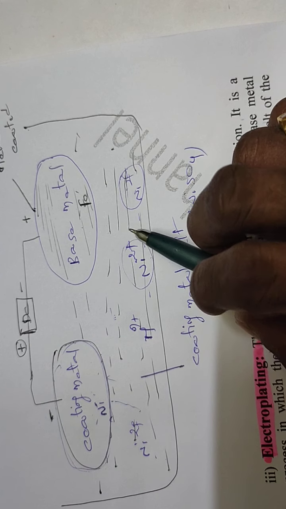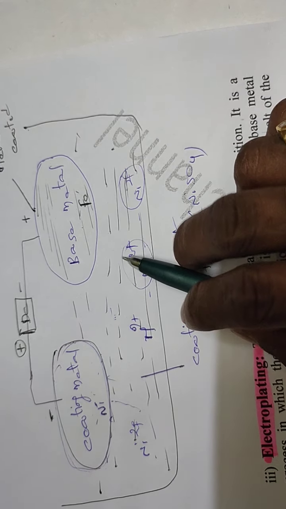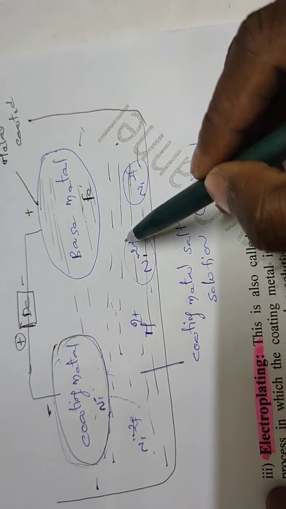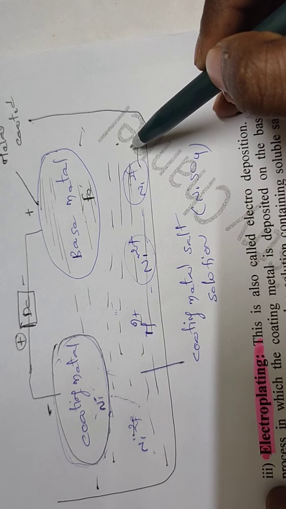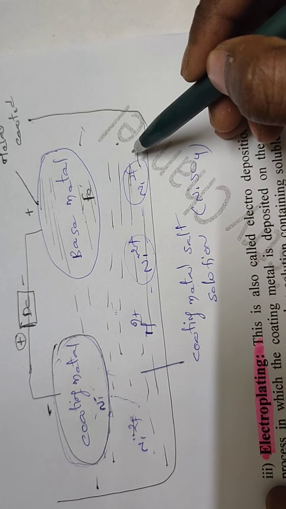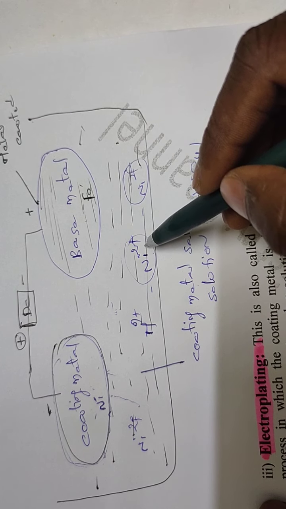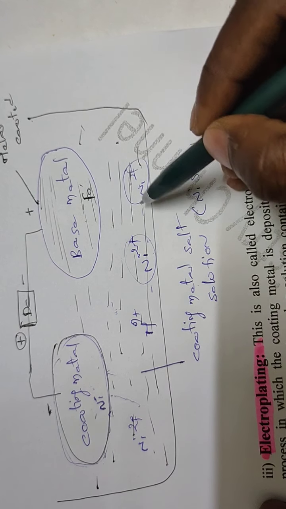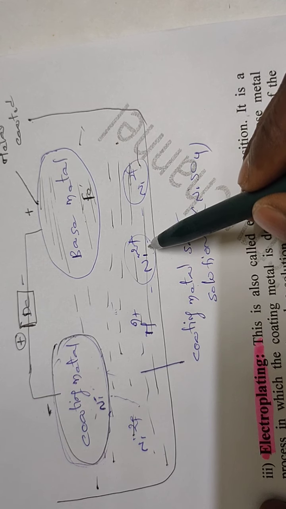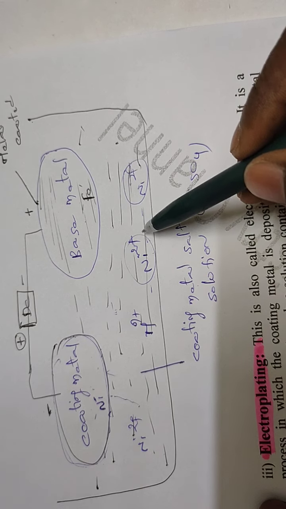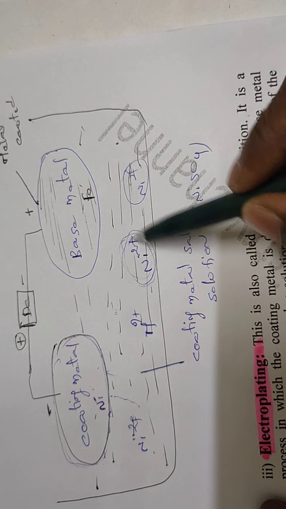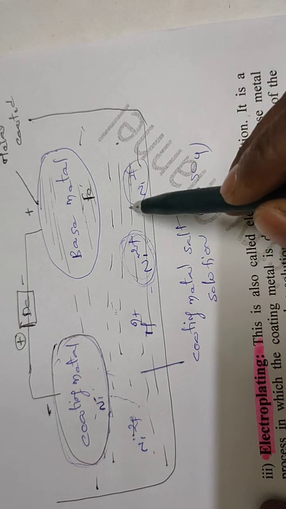Here the electrolyte solution is a nickel salt solution, so it contains some Ni2+ ions and SO4 2- ions, or Ni2+ ions and Cl- ions. If you choose NiCl2 solution, Ni2+ and Cl- ions are there. If you take NiSO4, nickel sulfate, Ni2+ and SO4 2- ions are there. Whatever it may be, the electrolyte solution contains nickel metal ions, Ni2+ ions.